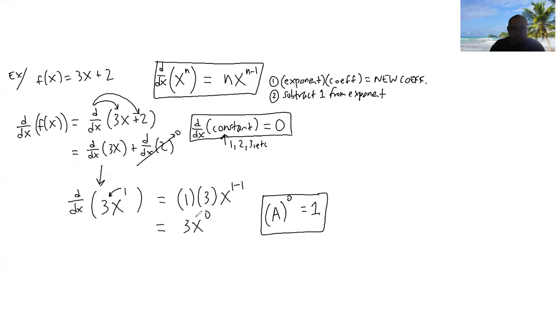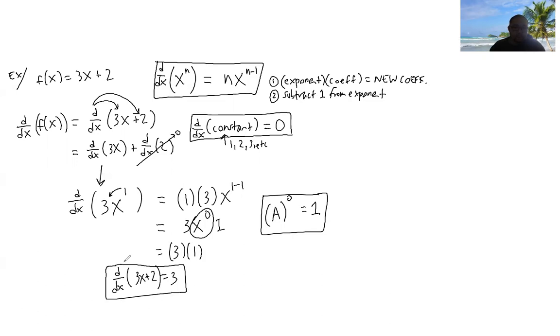So in this case, this term goes to 1, right? And so you have 3 times 1, which is just 3. And this turns out to be the derivative with respect to x of your function 3x plus 2. Okay?